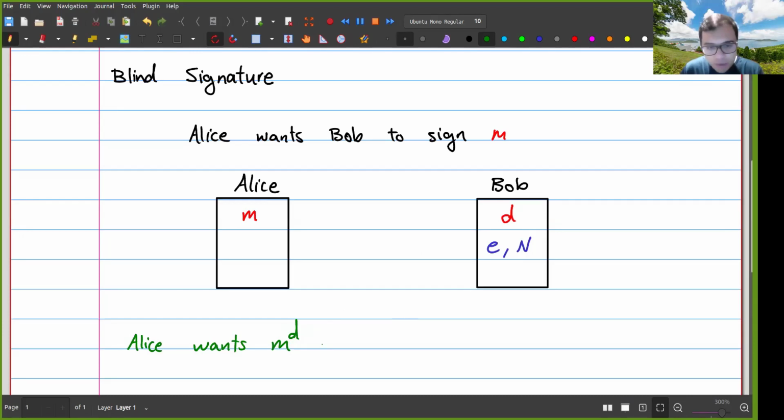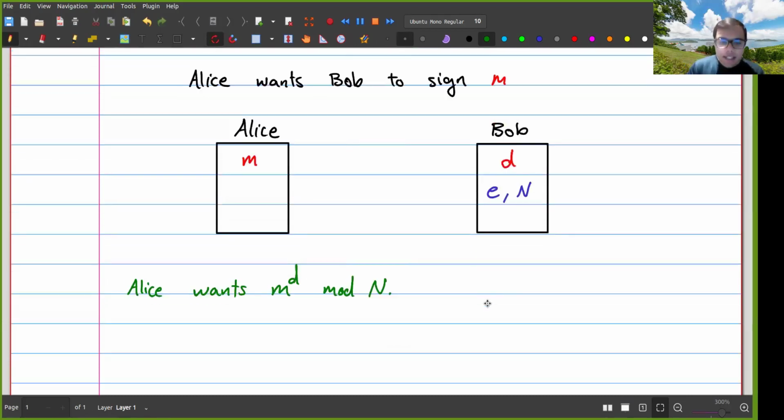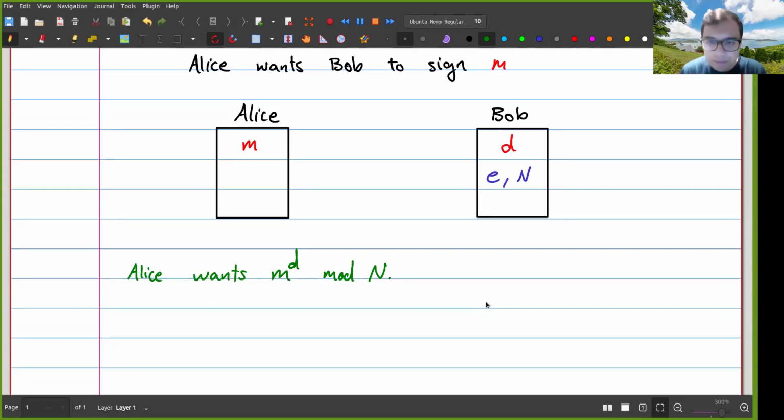So this is M to the power of D modulo n. Okay, this is what Alice wants to obtain. And let's say that Bob is willing to help. Let's say Bob is willing to give signatures. But Alice wants to get this signature without Bob finding out about M. So Bob shouldn't see M, but he should somehow sign it.